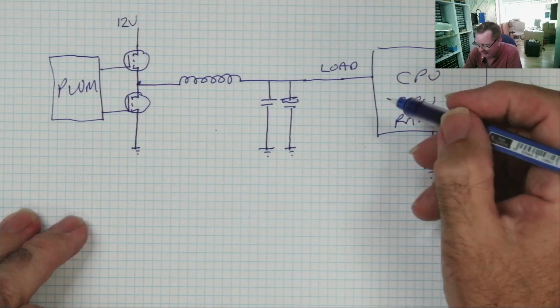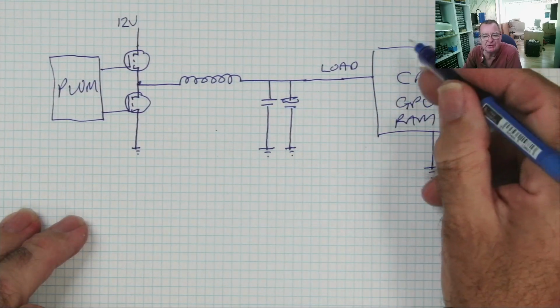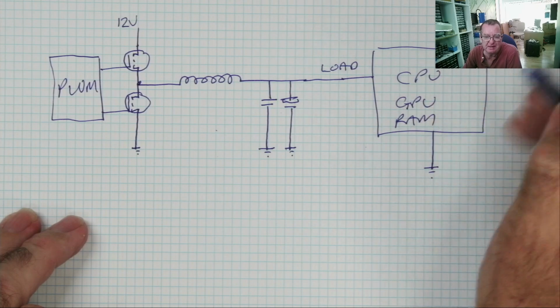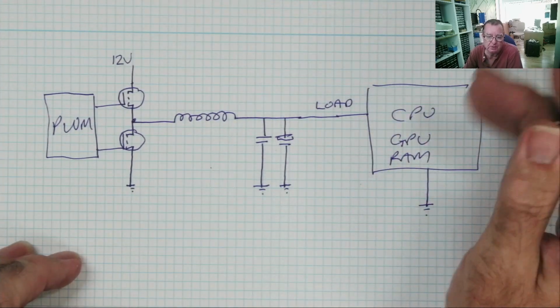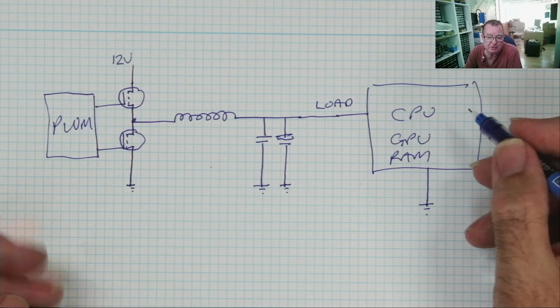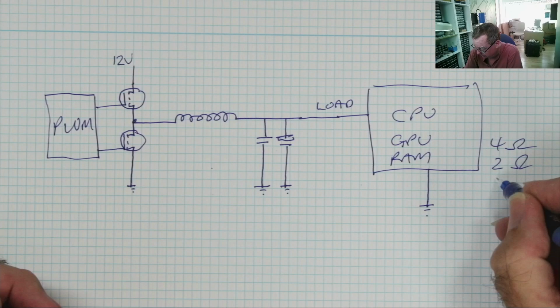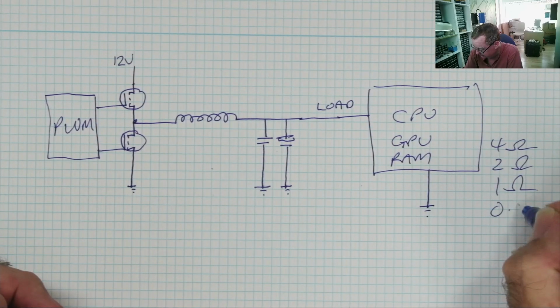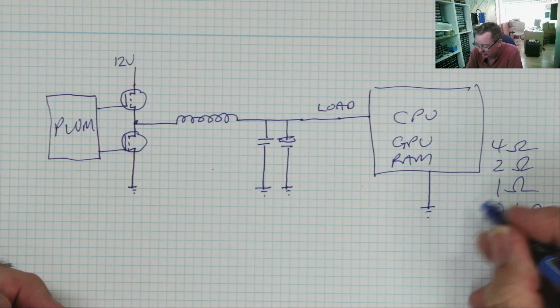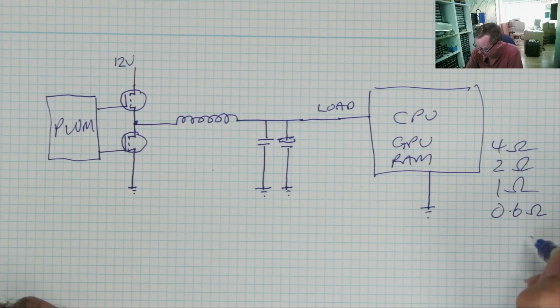The problem is that the resistance of this load in modern electronics can be very low. It can be 10, 20 ohms, but it could easily just be something like 4 ohms or 2 ohms or 1 ohm or 0.6 ohms. Even lower than that on like the latest GPUs, it could be like 0.3 ohms.